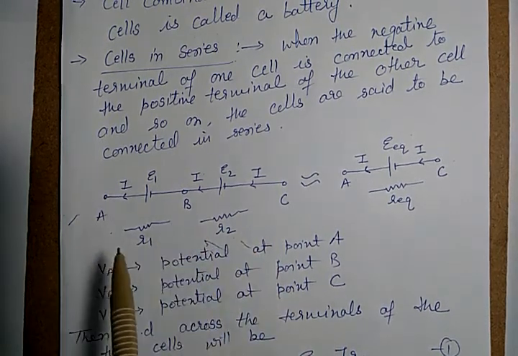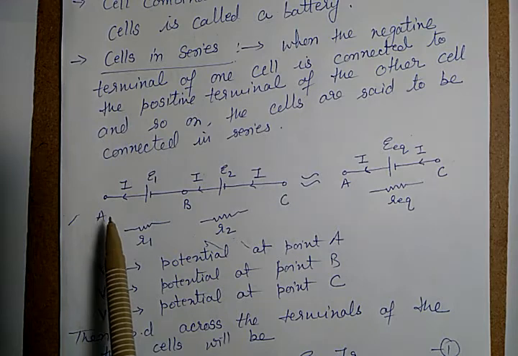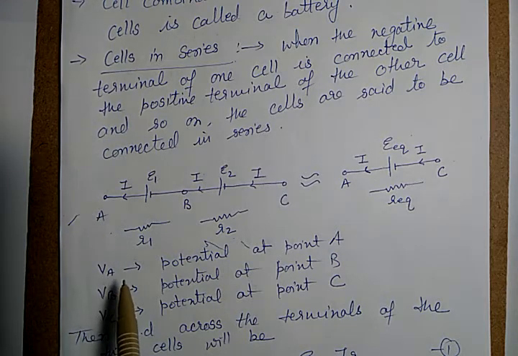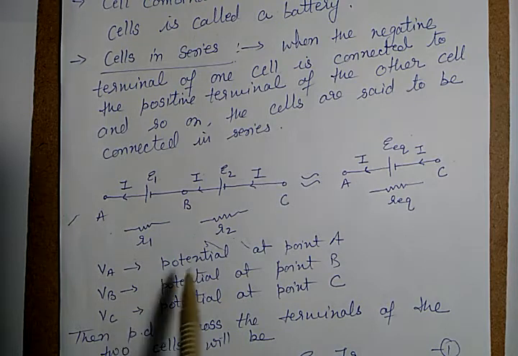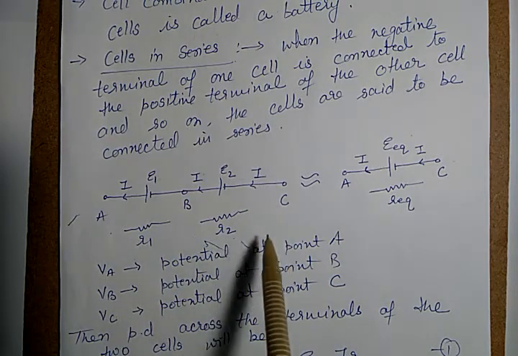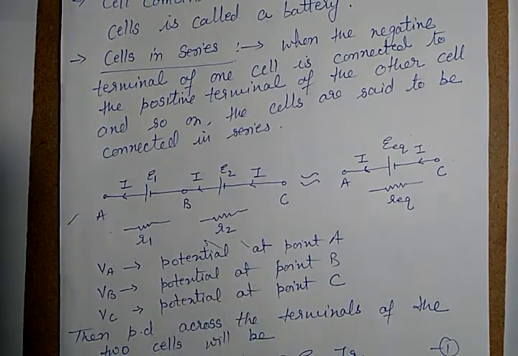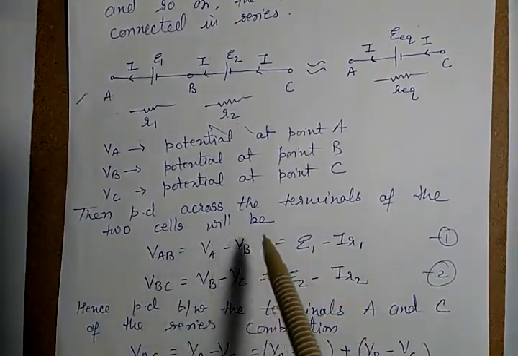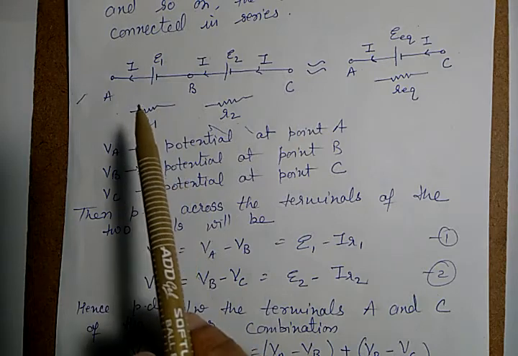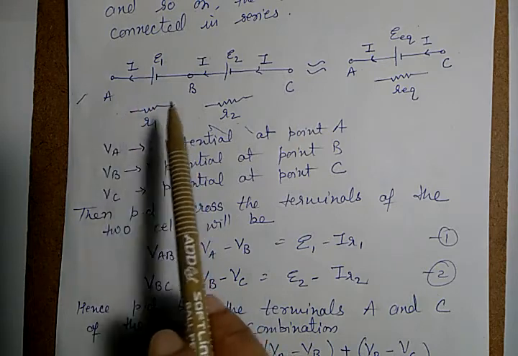Now let us consider that the potential at terminal A is VA, the potential at point B is VB, and the potential at point C is VC. Now the potential across the terminals of the two cells: let us consider first these two points.